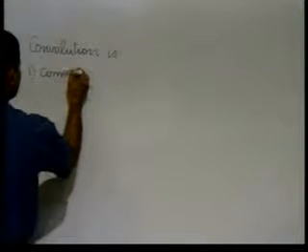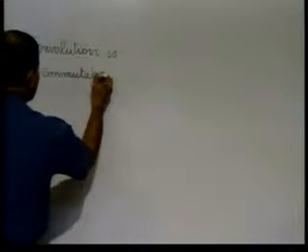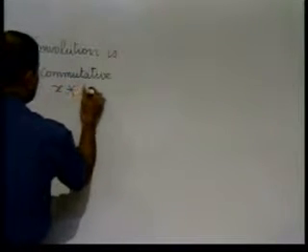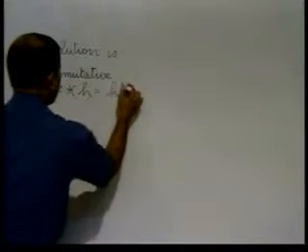We also showed in the previous lecture that convolution is associative. So let's summarize them. Convolution is commutative. That means x convolved with h is the same as h convolved with x.